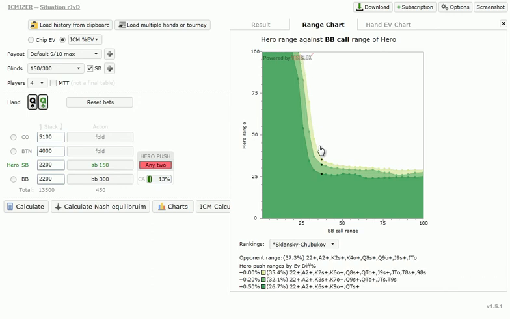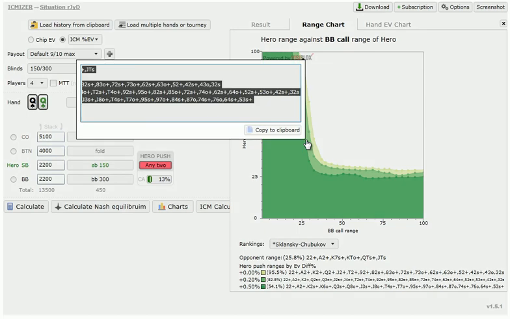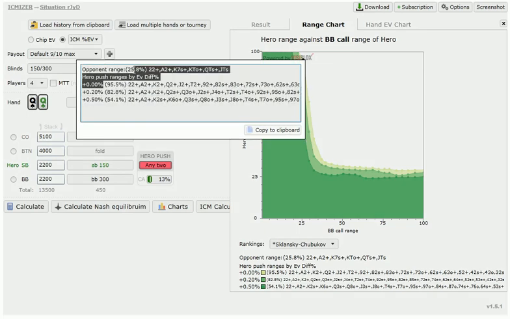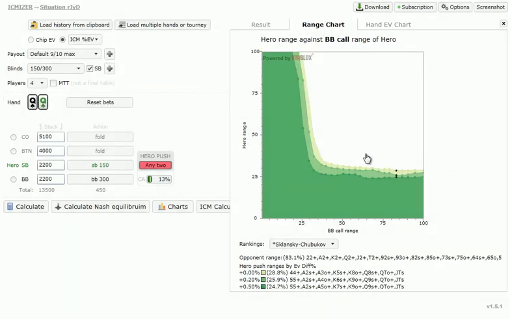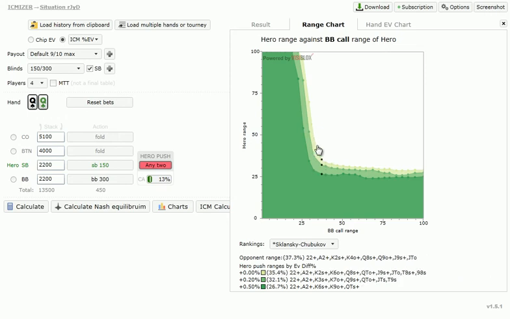But we can see that at some point, roughly around an opponent range of 26%, we can see a big drop in the hero range, and it drops dramatically from 100% to 33% of hands pretty quickly.